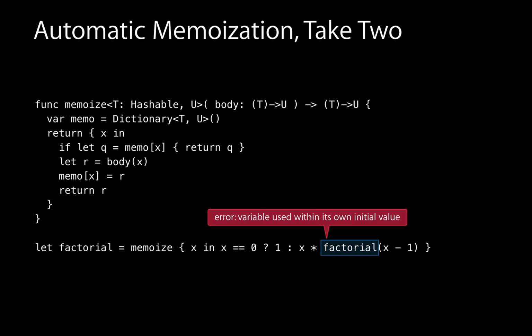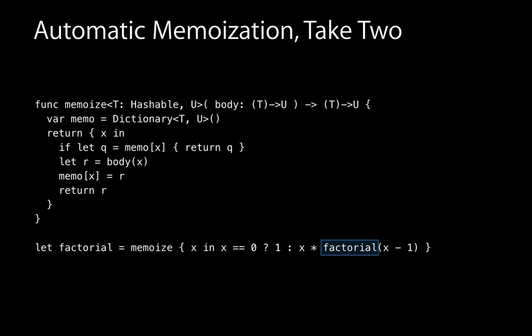Ready for take two? I'm going to warn you in advance that this is a little bit mind-blowing, okay? If your mind's not already blown. So, let's just have memoize pass factorial as an argument to its own body. Right? Okay, but stick with me.